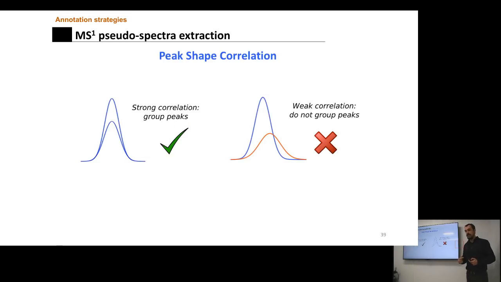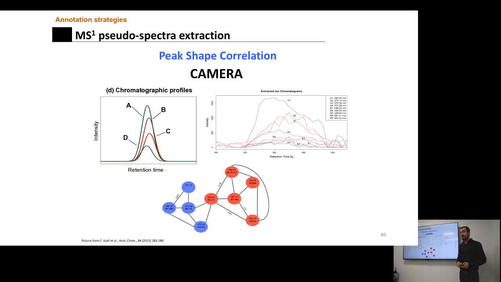There are different techniques to perform that, mainly two. The first one is to use the peak shape, to correlate the peak shape of the different features. If two features show a high, strong correlation, we assume that those peaks stem from the same metabolite. If they show a weak correlation, we assume that those two features do not stem from the same metabolite. This strategy was integrated within the package CAMERA.